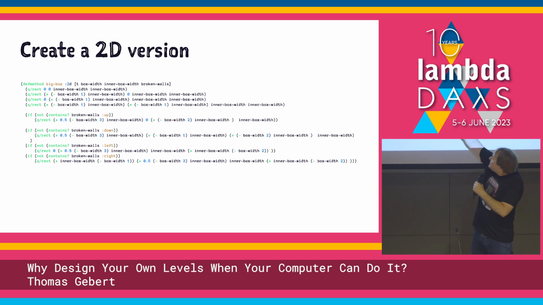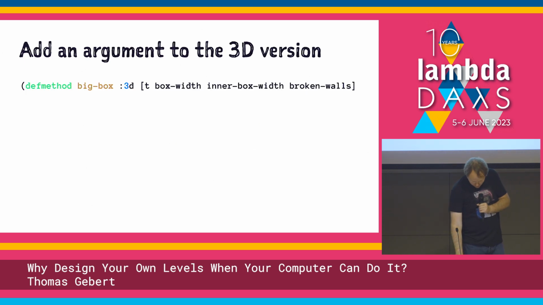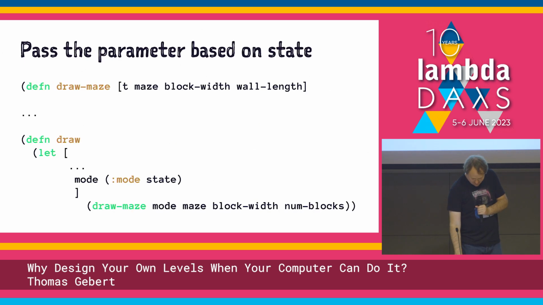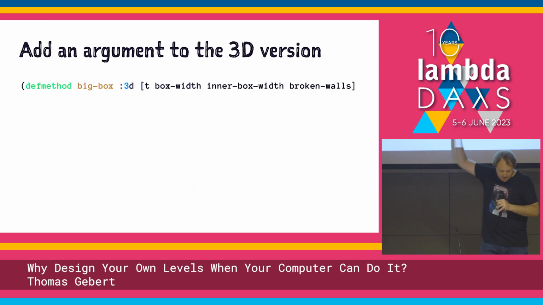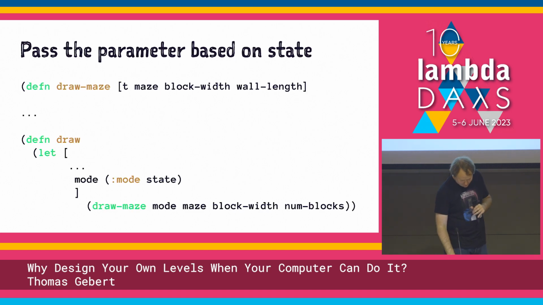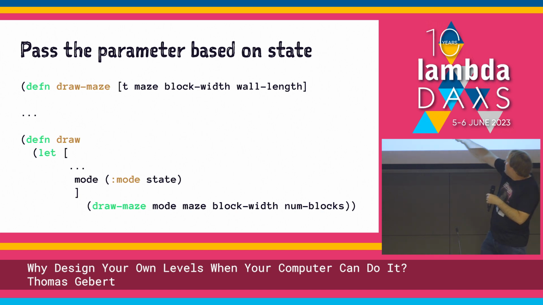So that just dispatches, this is just the rectangle version I showed before. And for the 3D, I did basically the same thing, but passed in the 3D argument. And that draws cubes instead of drawing rectangles. And then inside the draw function, I have a key binding that just changes the mode from the state there, and it just passes it in as an argument.